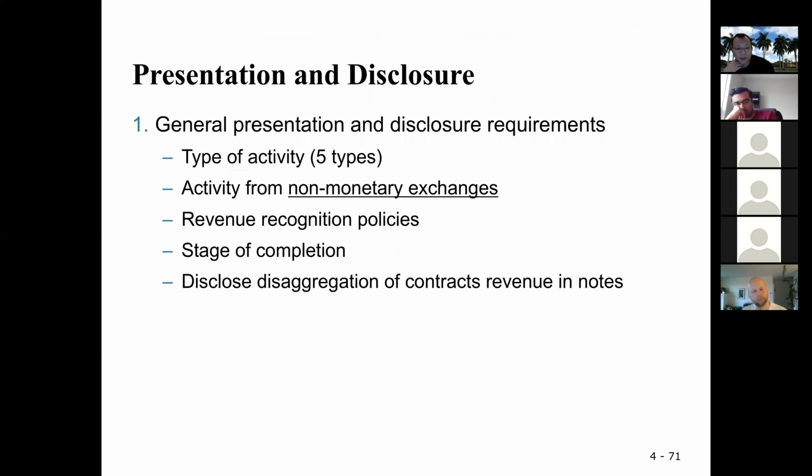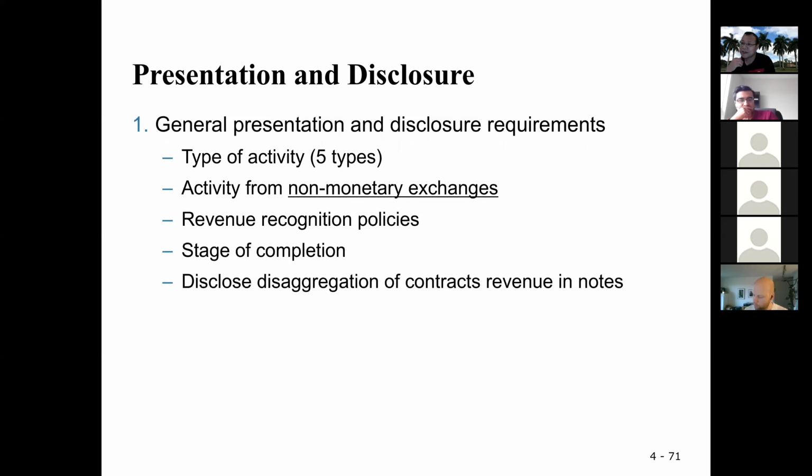Presentation and disclosure. In the general requirement, you would want to disclose the five types of activities. Is this a sale of goods? Is this a provision of service? Is this royalty income, interest income, or dividend income? Those are the five main types of activities. So for the revenue you recognized, you need to present the different revenue streams according to the type of activity.